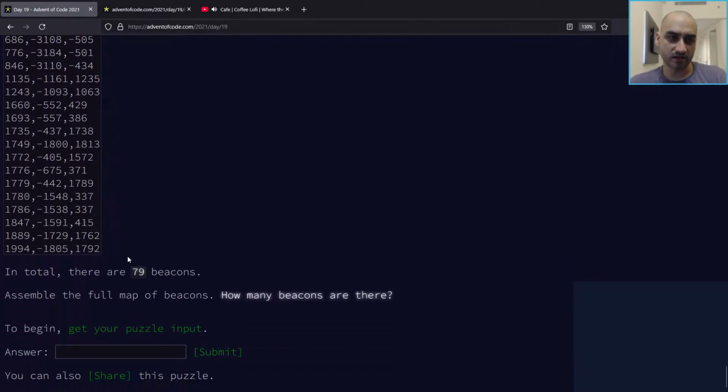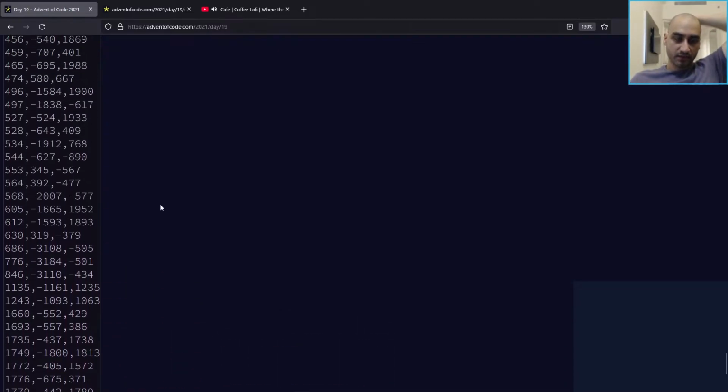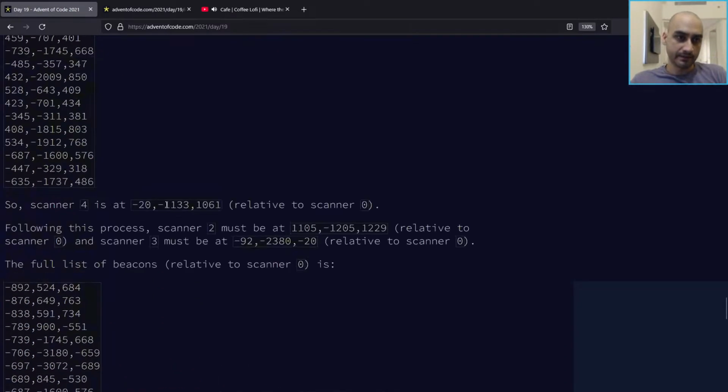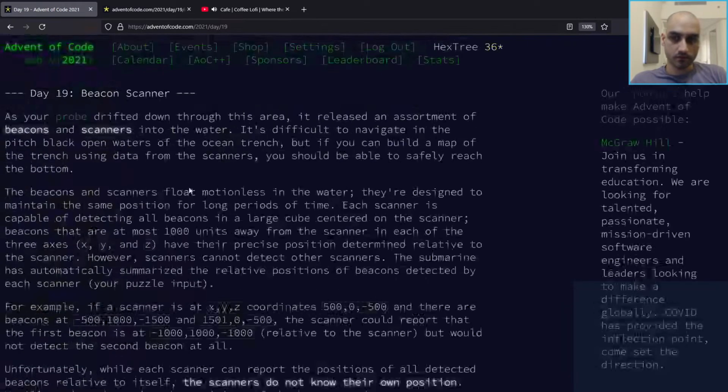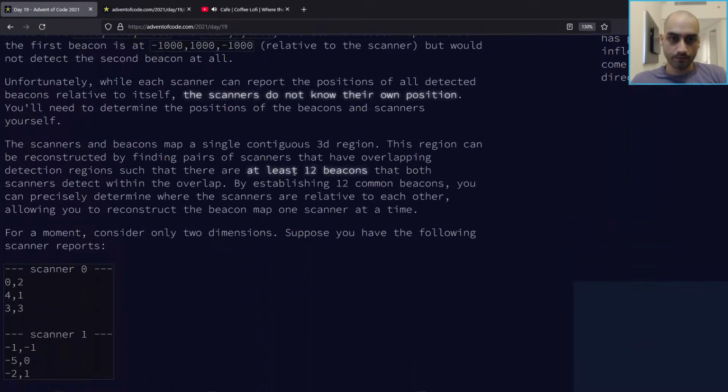Well, that actually makes it harder, because then it's a bigger set, and you're still sticking with 12 beacons. You probably still want to keep them as separate sets. But just try and find 12 in common with 0 and something, or 12 in common with 1 and something.